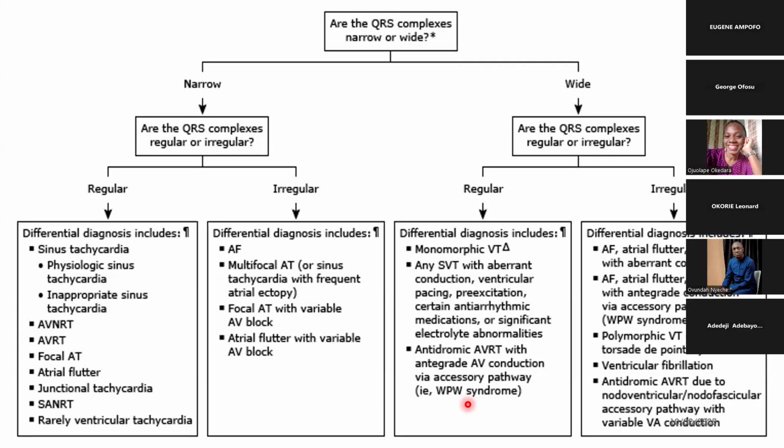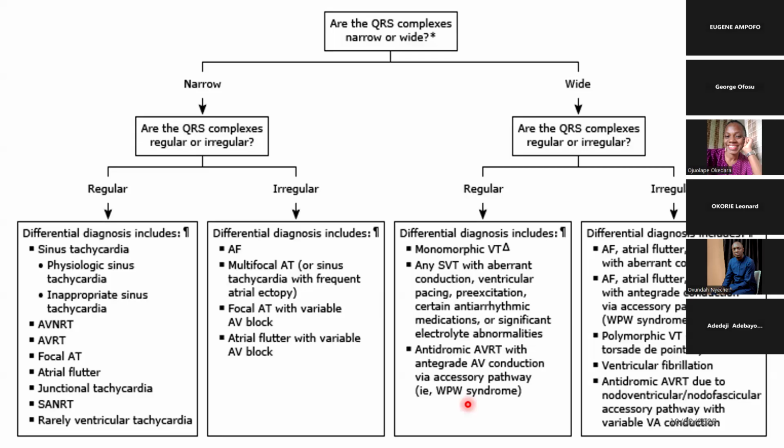However, if the QRS complexes are irregular, then this may be due to atrial fibrillation, atrial flutter, or a focal atrial tachycardia with aberrant conduction.